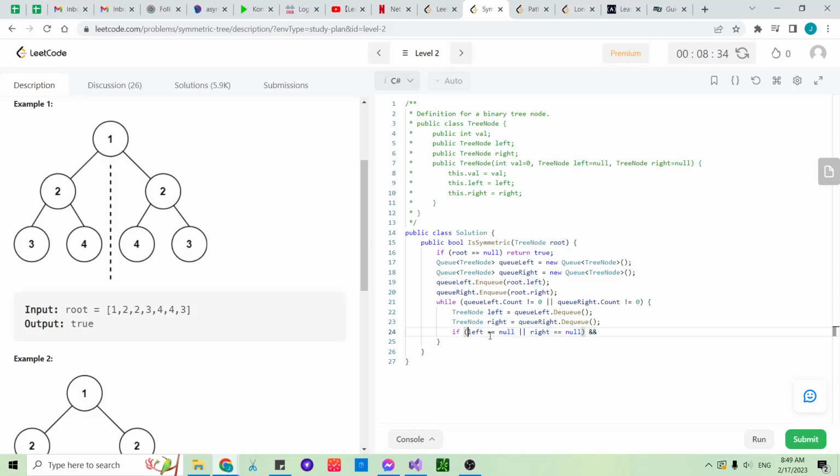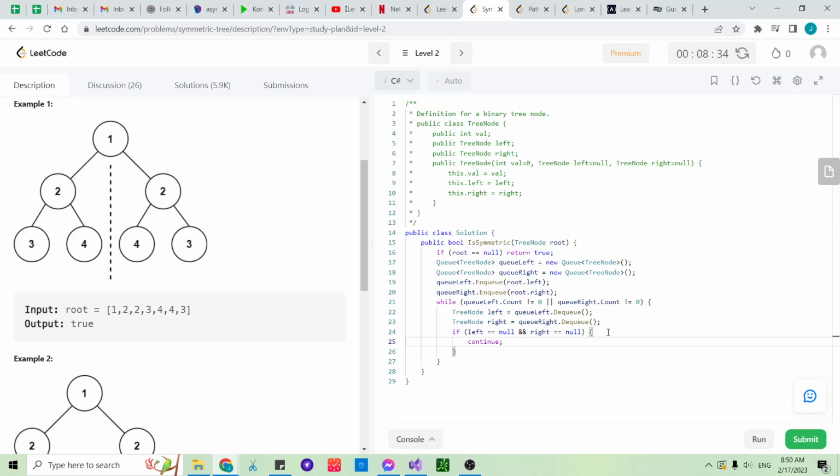If left is null and right is null, then we actually don't need to do anything. We just go to the next round, I guess.